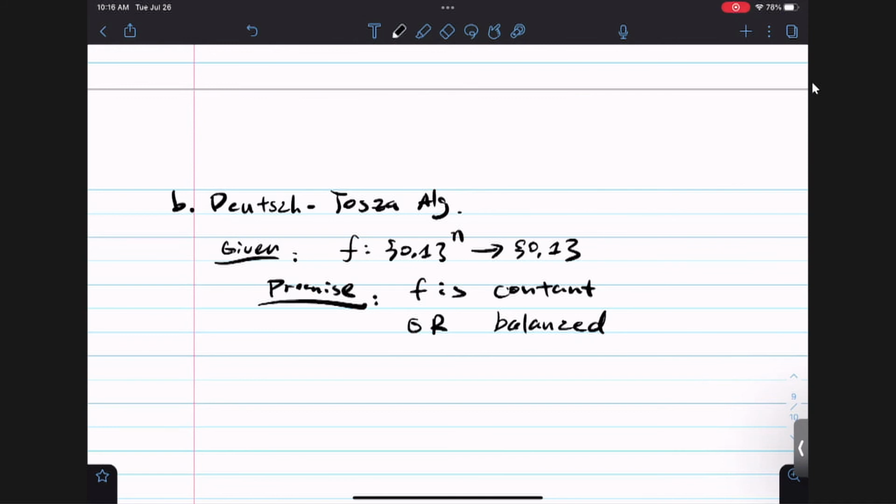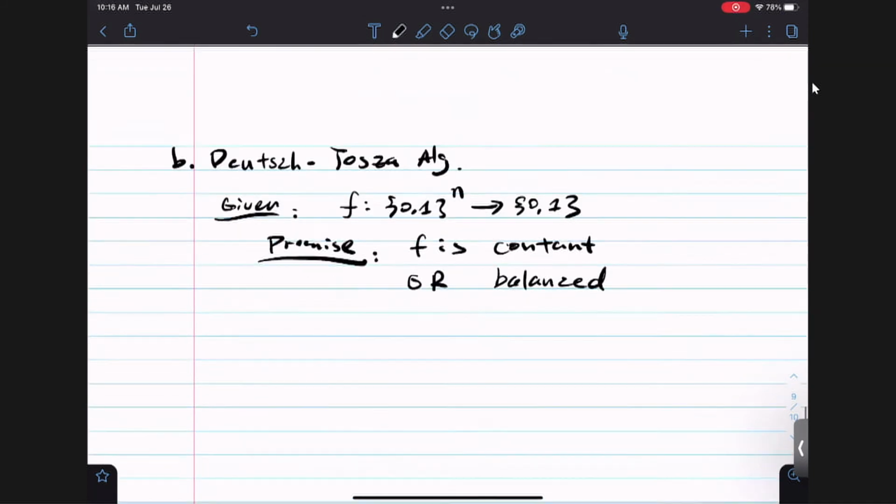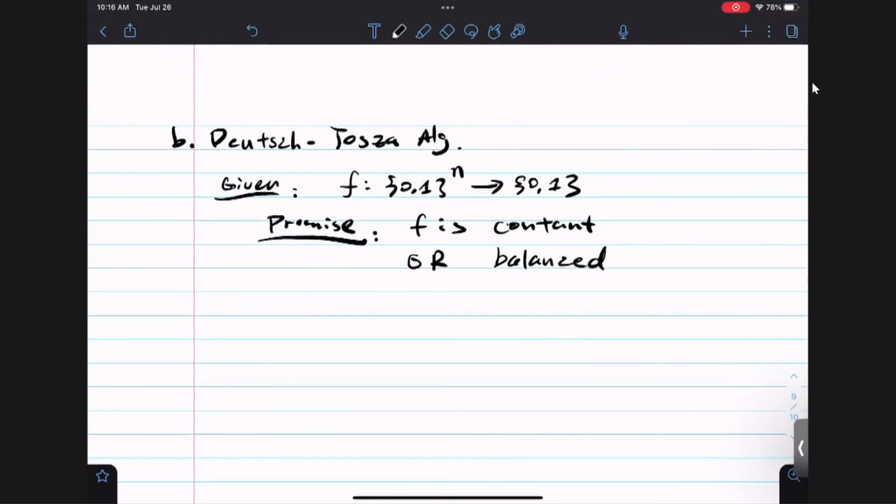You can divide your input domain into two equal halves. So this is a promise because not all functions are either constant or balanced. They can be more arbitrary. But we are promised this function is one of the two cases, and the goal is to decide which case it is.